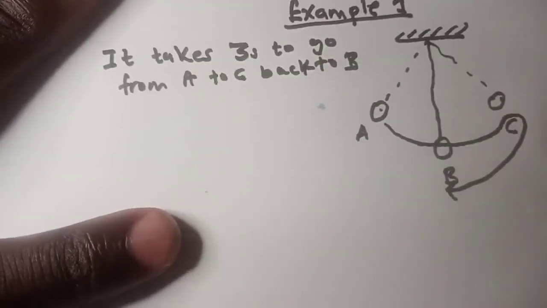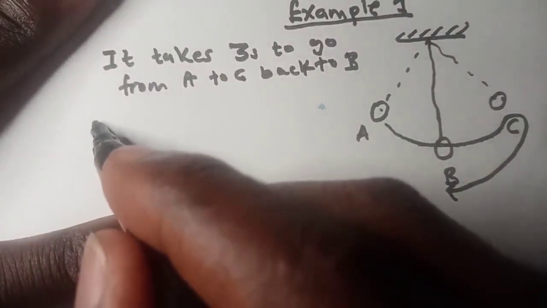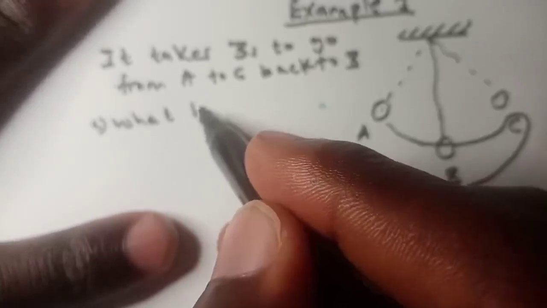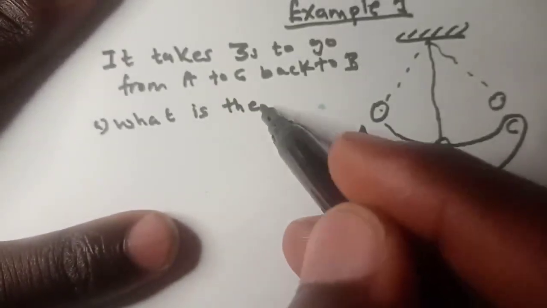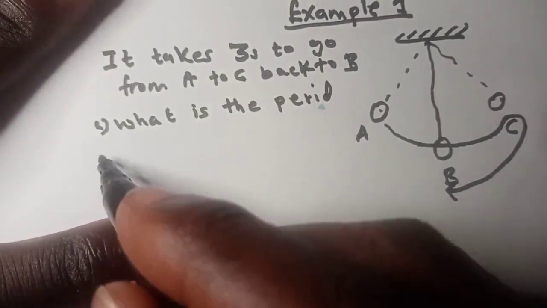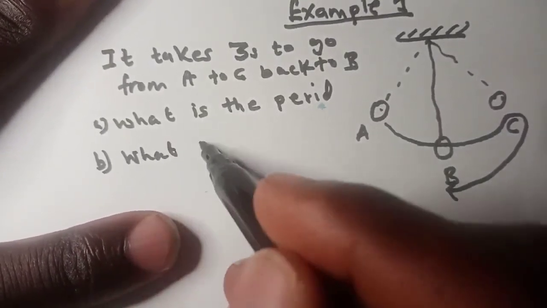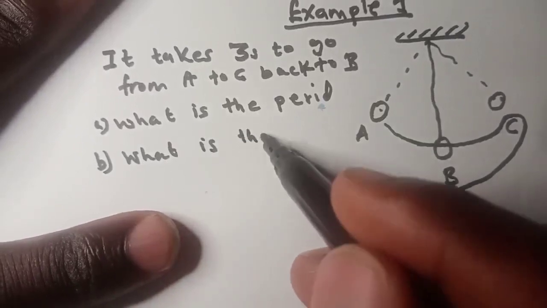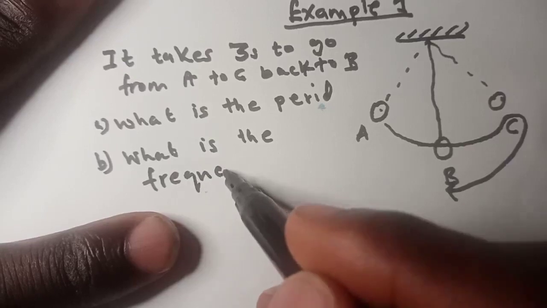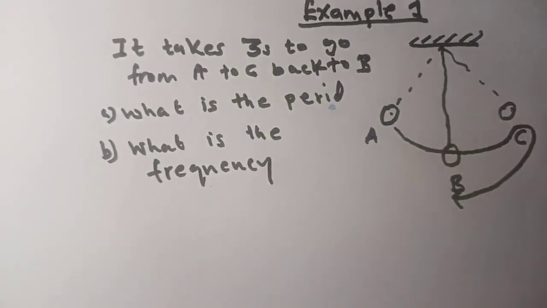Then the question says, what is the period? Then question B says, what is the frequency? So we have 2 questions here.